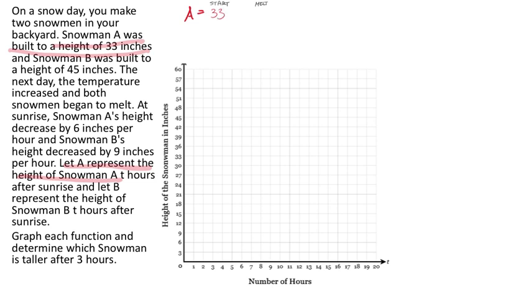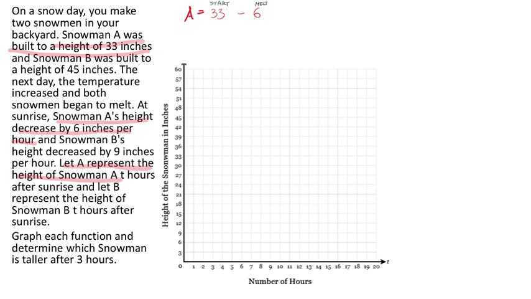There's my 33. Okay, so how much is it melting? There it is. Snowman A's height decreases by 6 inches per hour. So from those 33 inches, it's decreasing, so that's going to be a minus sign by 6 inches every hour. Now, again, this minus 6 is only for 1 hour.